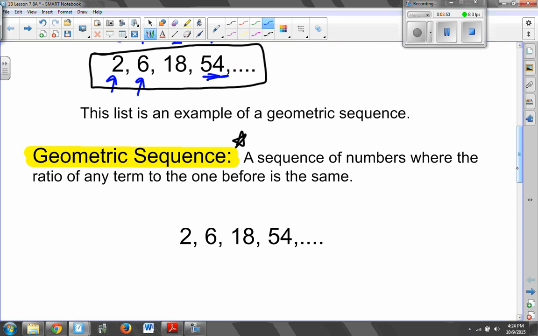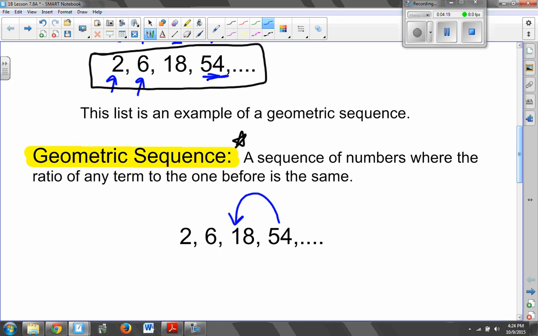Now, if we look again at our list of y values, 2, 6, 18, 54, and we try to interpret this definition in the context of this example, let's look at what it says. It says the ratio of any term to the one before it should always be the same. So I'm going to start out here with 54, and I'm going to look at 54 and the term before it, which is 18.